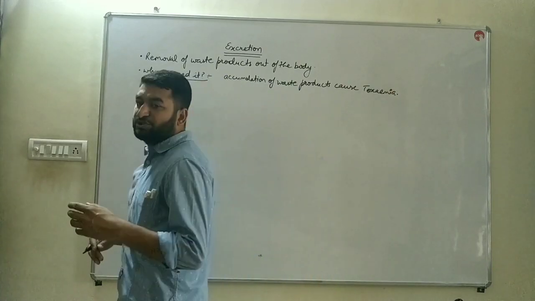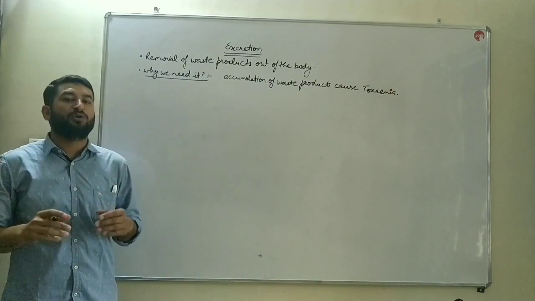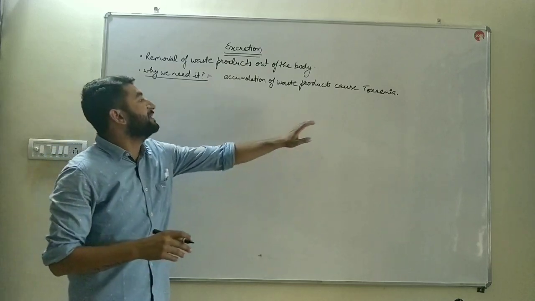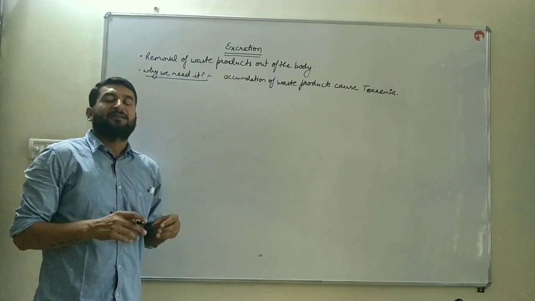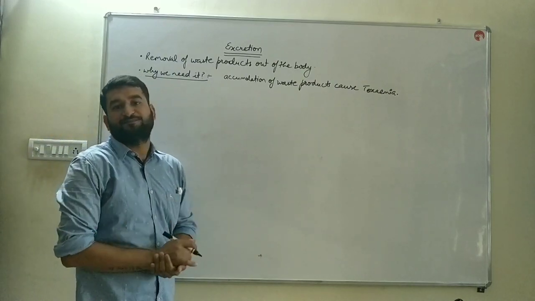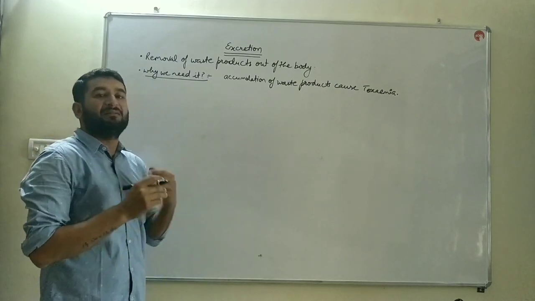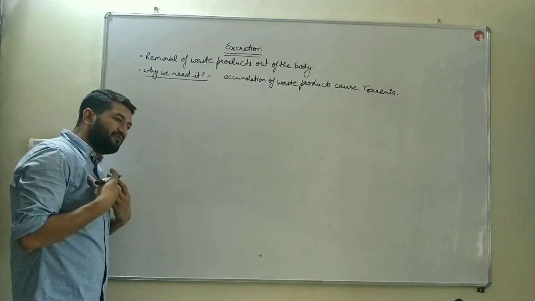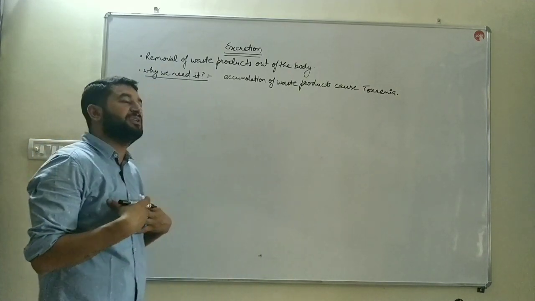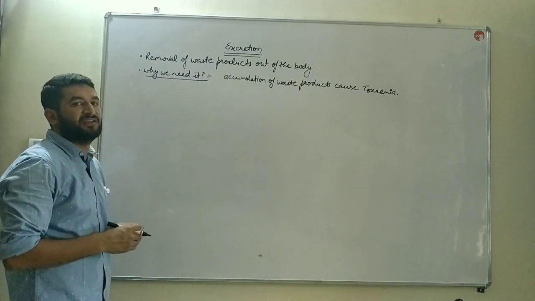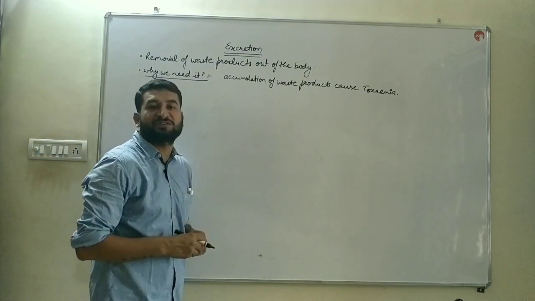The collection of these toxic waste products in the body will cause us a serious illness named toxemia, and that toxemia may prove fatal. That may cause death. So to remain healthy, we must remove those waste products out of the body. To prevent ourselves from toxemia, excretion is necessary.